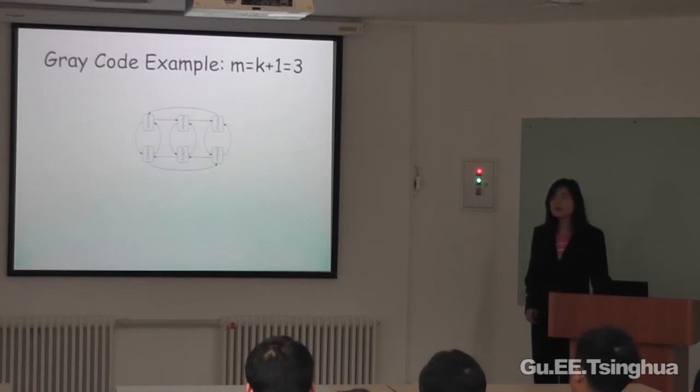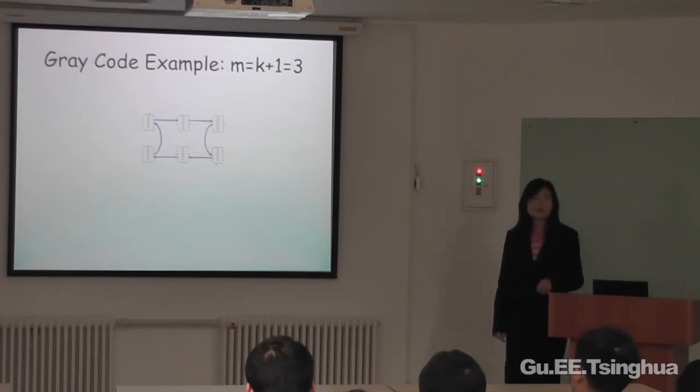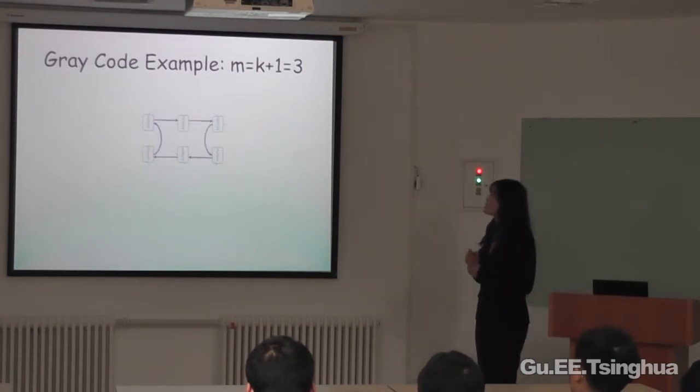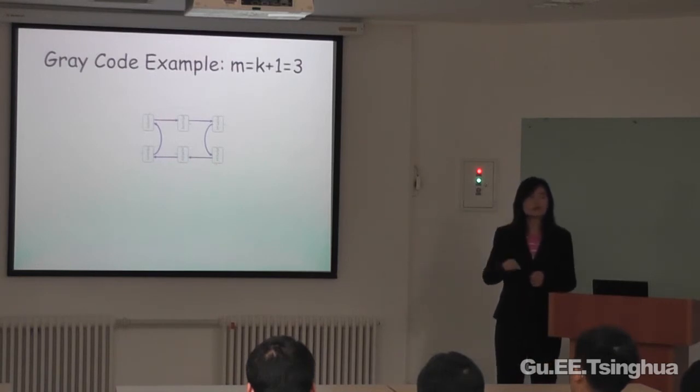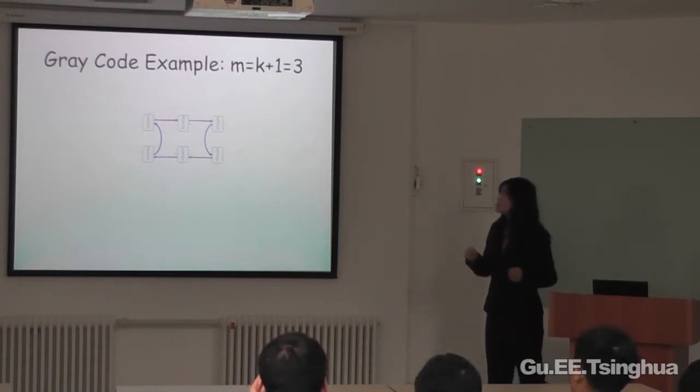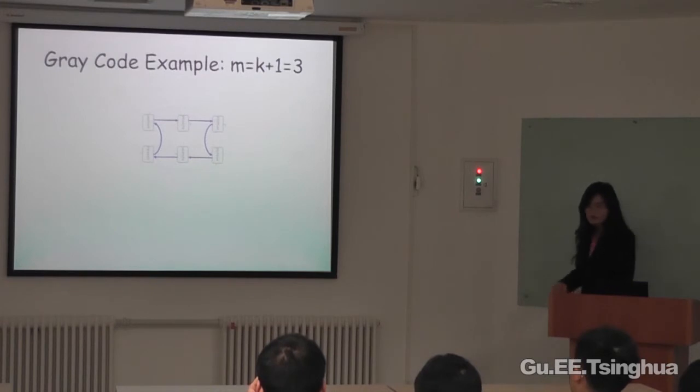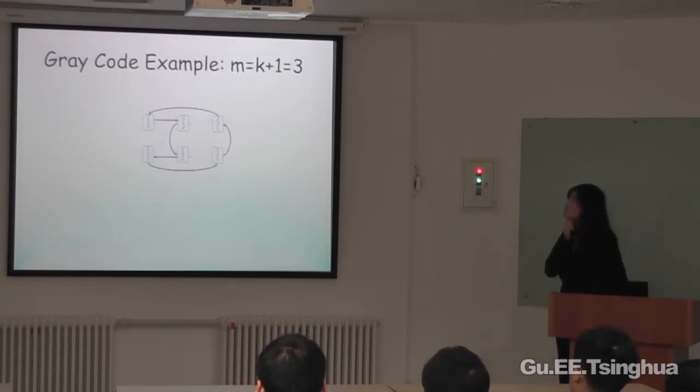In this case, a Gray code corresponds to a Hamiltonian cycle of the graph, which goes through all the nodes in the graph exactly once. Actually in this graph, you can find 3 different Hamiltonian cycles. You have this one, or this one, or this one.